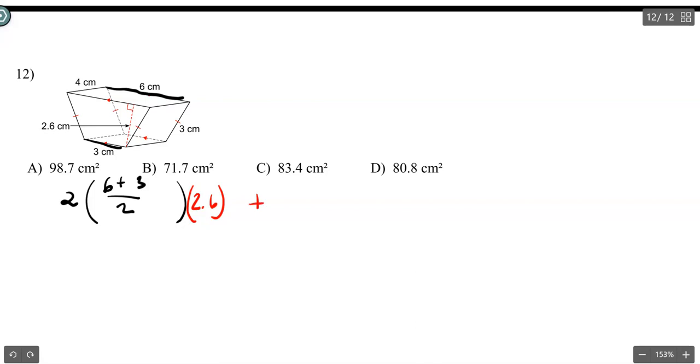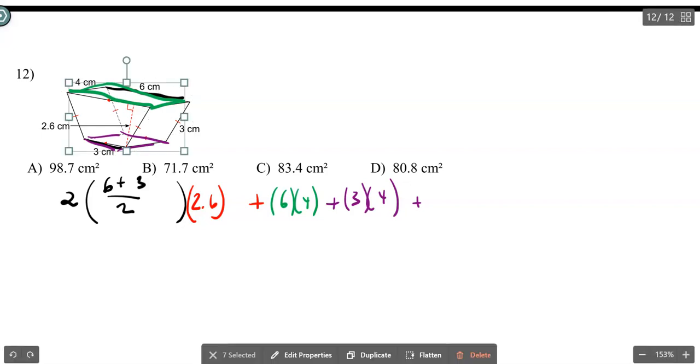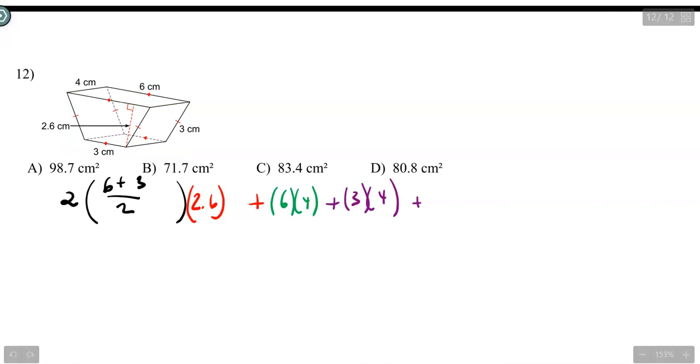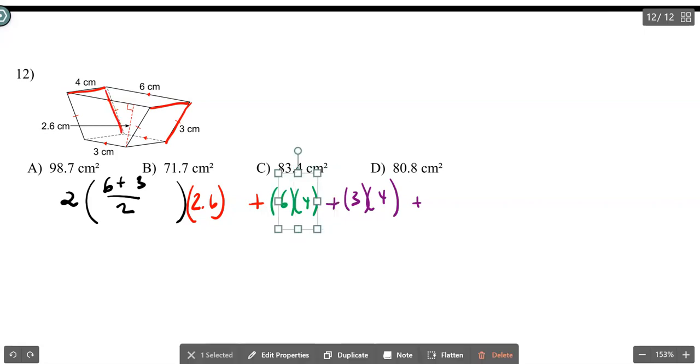So our ceiling is 6 by 4. So we have a 6 by 4 ceiling. The floor is 3 by 4. And then our sides, this thing's getting a little bit cluttered, so let me just wipe that out. Our 2 side walls are 4 by 3. 4 by 3.